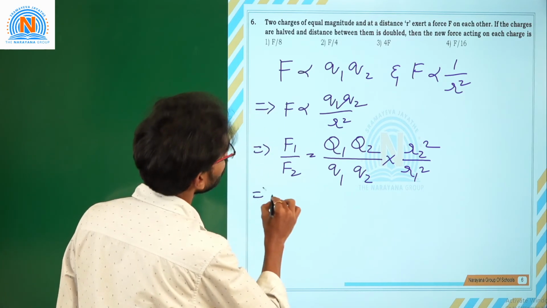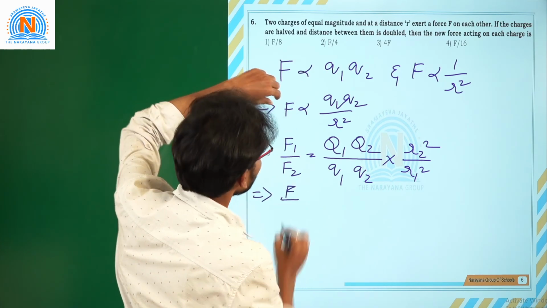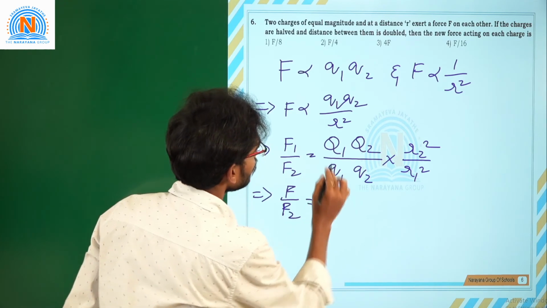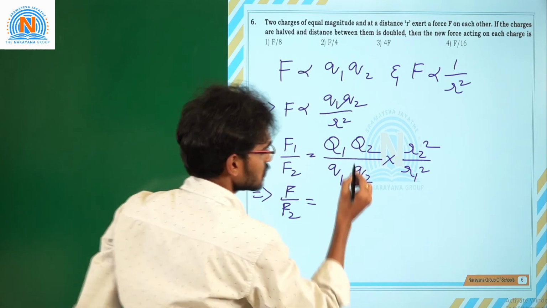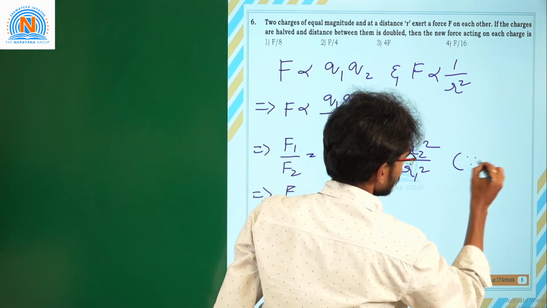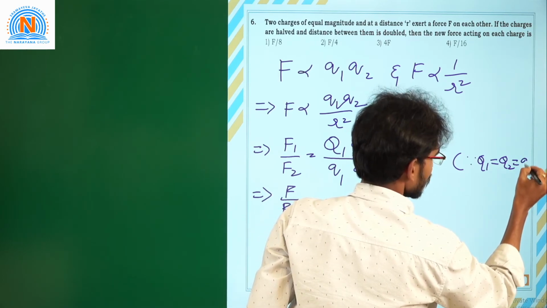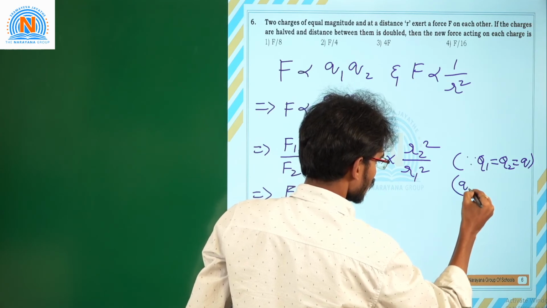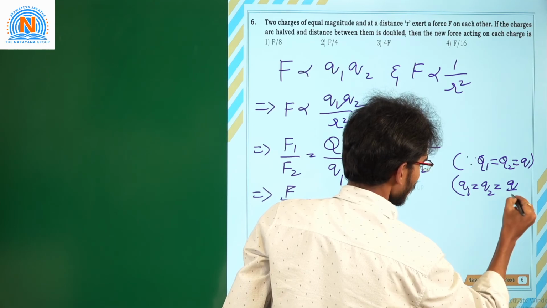Now substitute the values. F1 is given as F, and F2 we want to find. The two charges are equal in magnitude, so capital Q1 is equal to Q2 is equal to Q, and the other two charges, small q1 is equal to small q2, are equal to Q by 2.